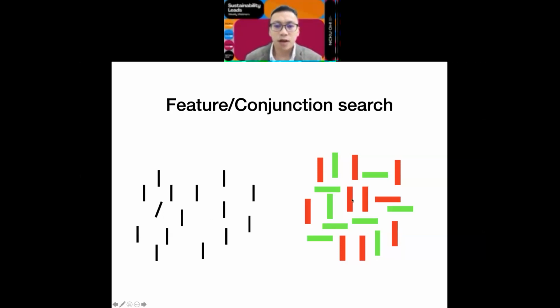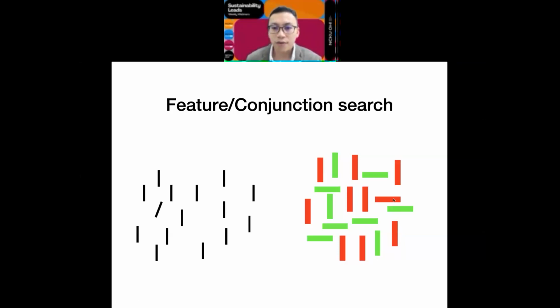But on the right-hand side, if I ask you to find a red horizontal line, then it will take you time to find the target here, because you need to combine the color and the orientation by your attention.